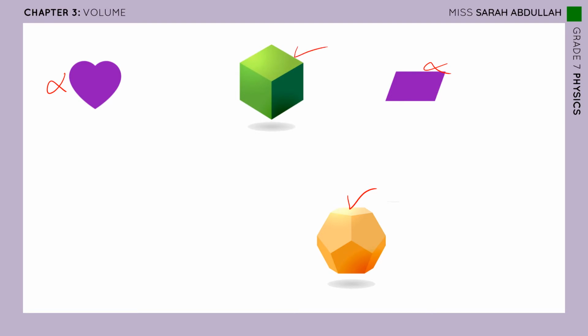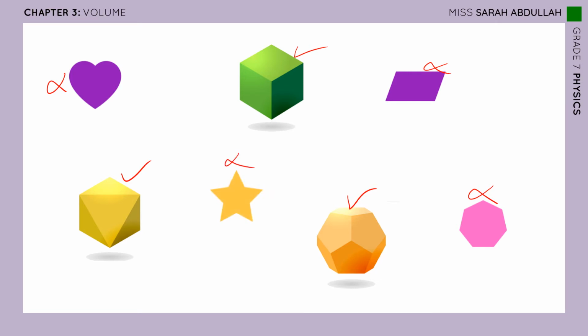It's a cube. How about this shape? No, it's not a volume. And that one, definitely a volume. And this one, the star, is not a volume. See, so you can tell whether a shape is representing a volume, whether it's taking space, or whether it's simply drawn in 2 dimensions, just like that.